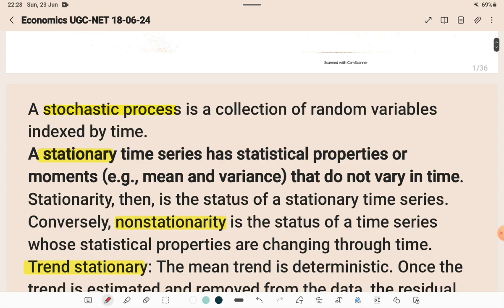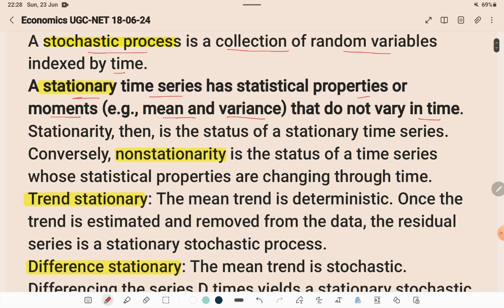Firstly, we should know about the stochastic process. It is a collection of random variables indexed by time, and a stationary time series has statistical properties or movements, for example mean and variance, that do not vary in time.